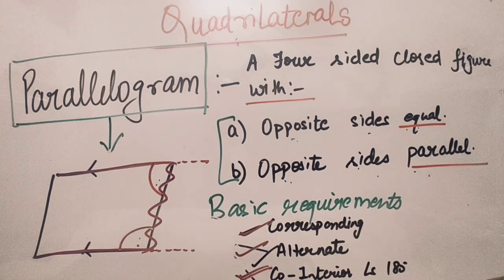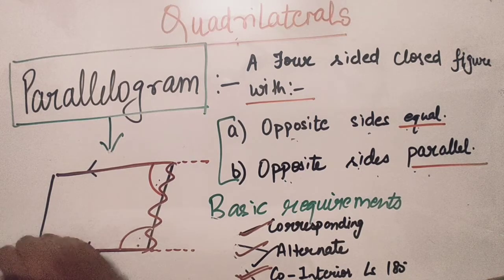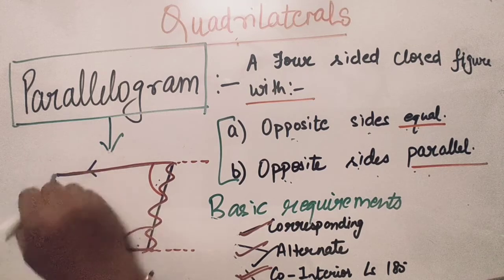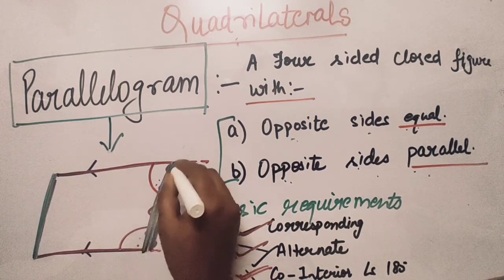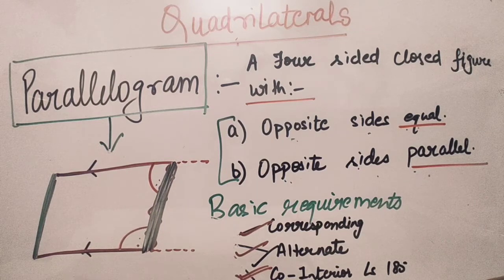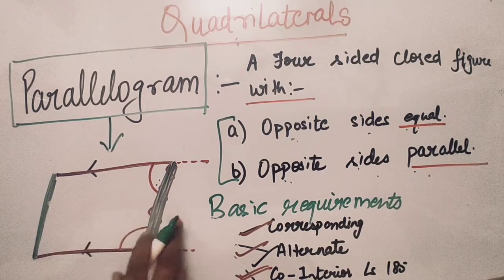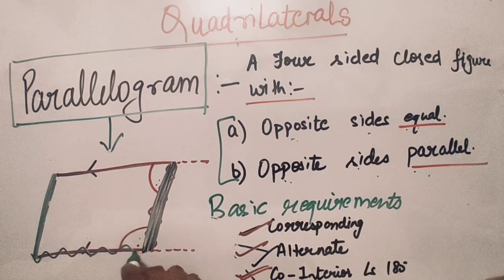Similarly, if I want to check whether the other pair of opposite sides are parallel or not, in the case of these two sides, this line is acting as a transversal, right?